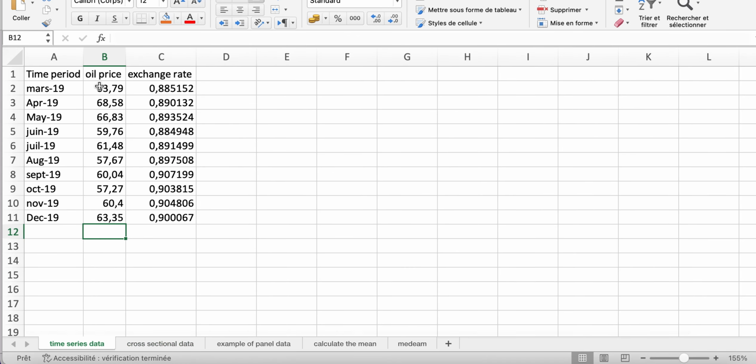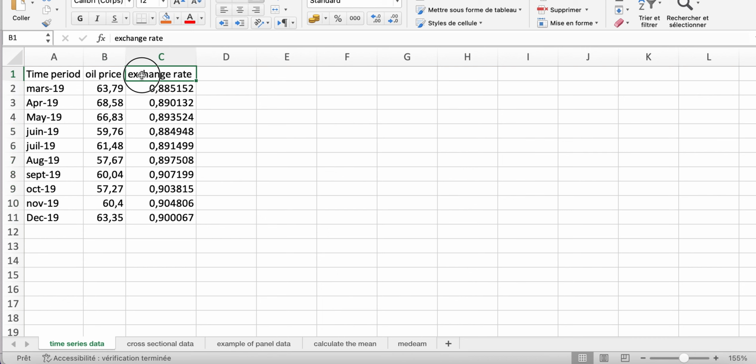Here is our example. Like you see, we have a time period of 10 months in 2019. The first variable is oil price, which changes from March 2019 to December 2019. So this is our time series.